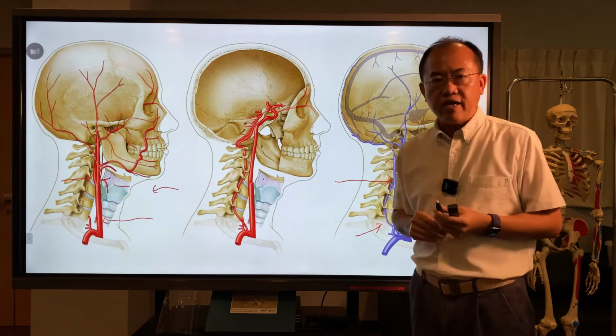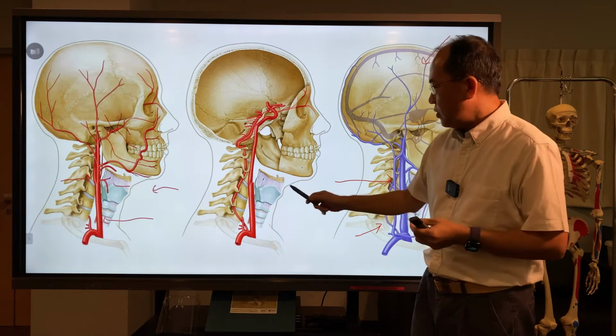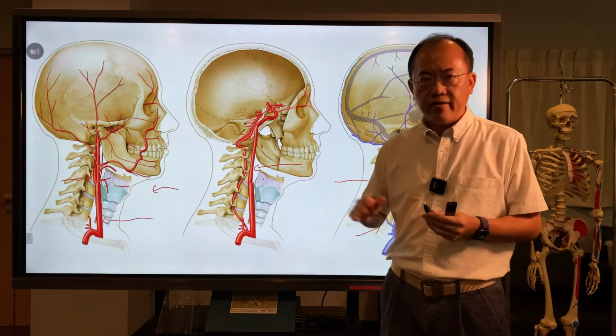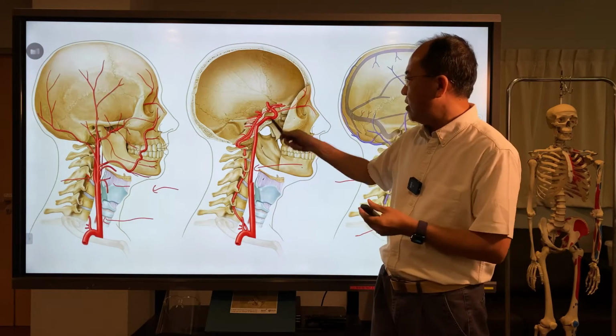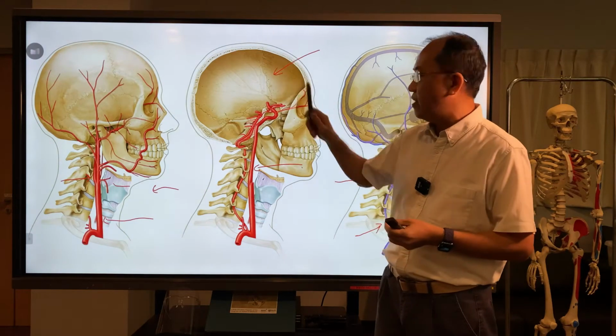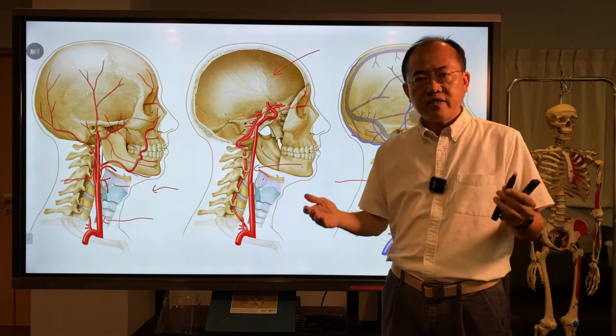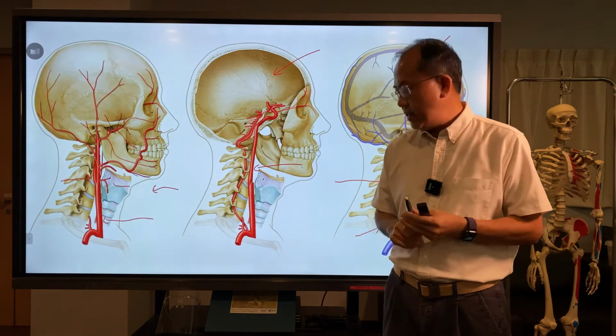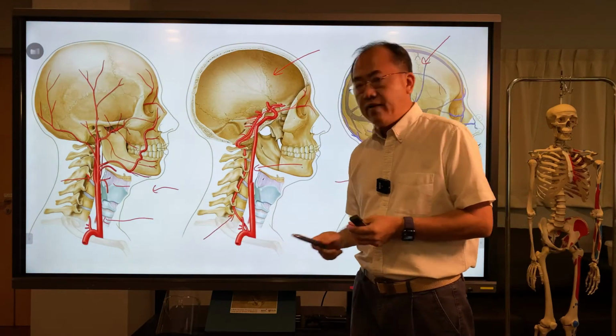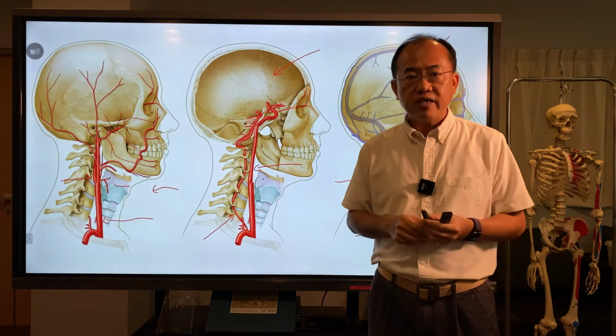Remove the external carotid artery and branches, right? So this is the internal carotid artery that enters through a foramen into the cranial cavity. Remember, in addition to the internal carotid artery, there's another artery. Yes, that will be the vertebral artery we mentioned briefly just now.